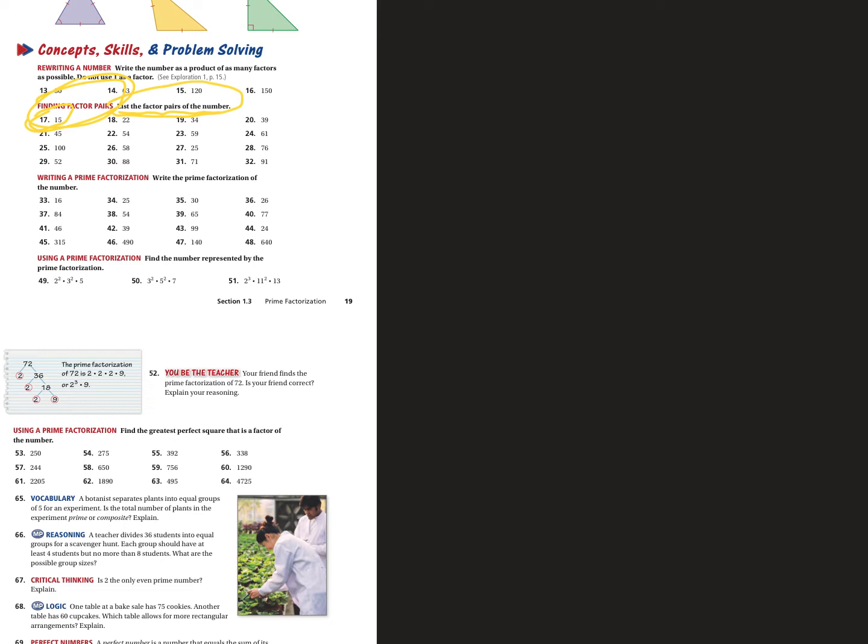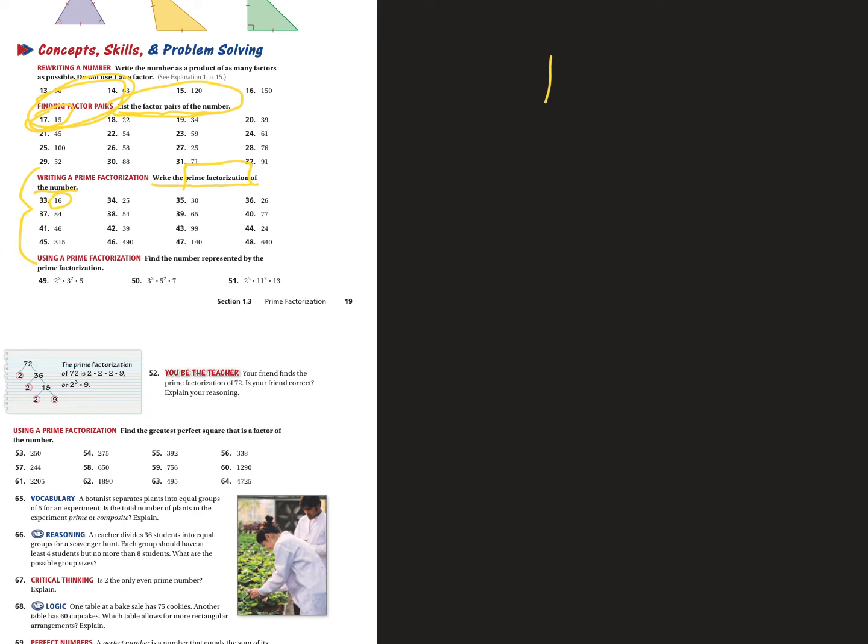Let's just move on to the next one. Let's go to this next set here. The next instructions say, write the prime factorization of the number. So now we have these two words, prime factorization. What we're going to do here is write the number, and I would give yourself some space.